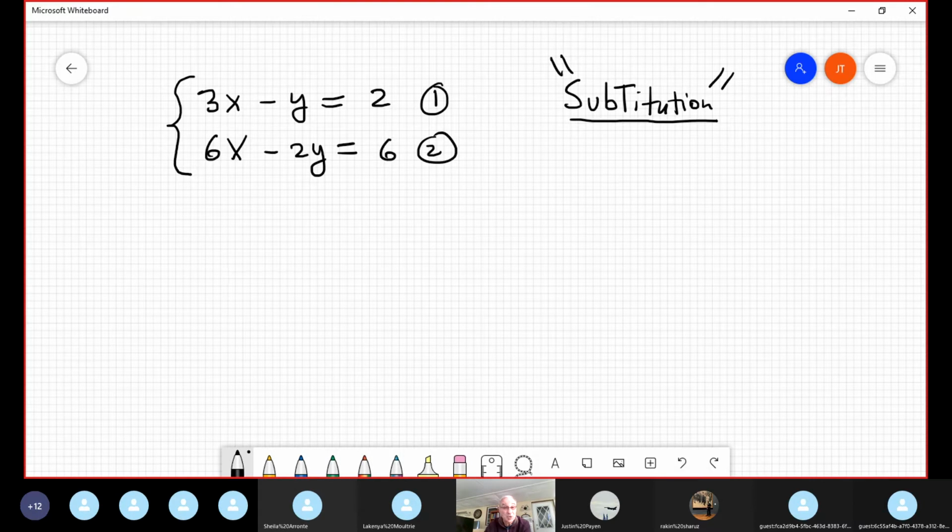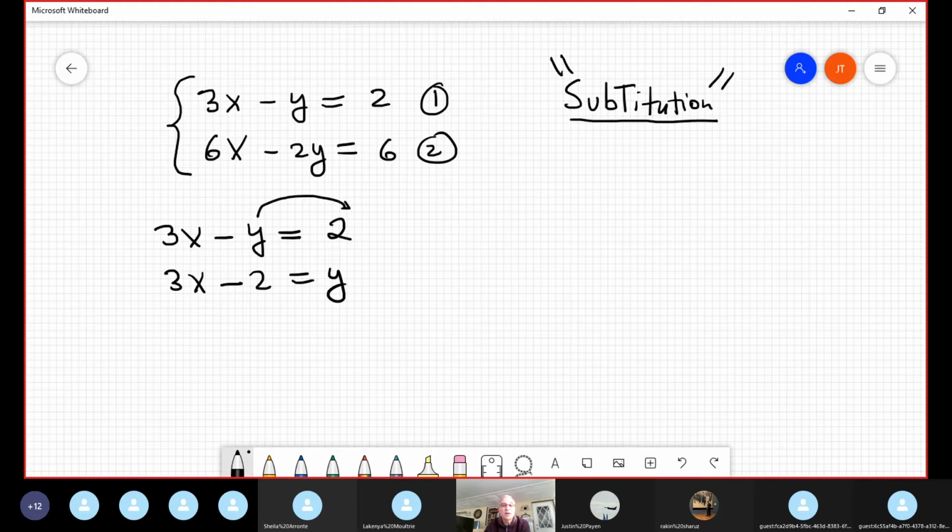So you take equation number 1 and rewrite it, isolating the variable whose coefficient is 1. So 3x minus 2 equals positive y. This y I bring to the right like a positive, and the 2 I move to the left like a negative.